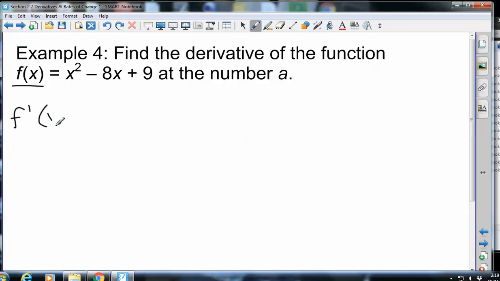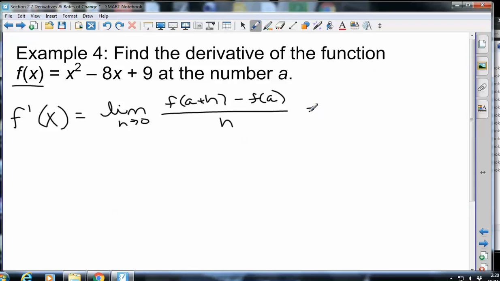We have the two definitions. A lot of times when we calculate derivatives, we call it f prime of x. So f of x is the original, f prime is the derivative. And then we're just using that formula. So the limit as h approaches 0 of f of a plus h minus f of a, all over h.